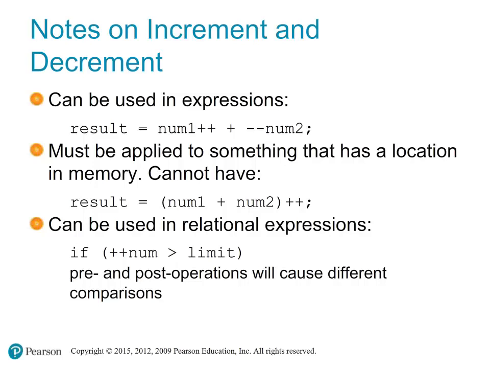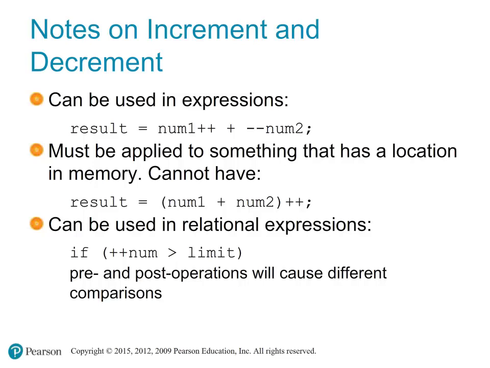They can also be used in relational expressions. For example, if ++num > limit, num is incremented before the comparison with limit. And this can affect the outcome of the condition.